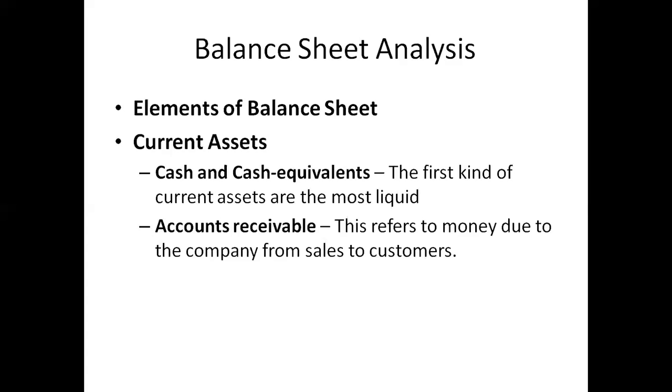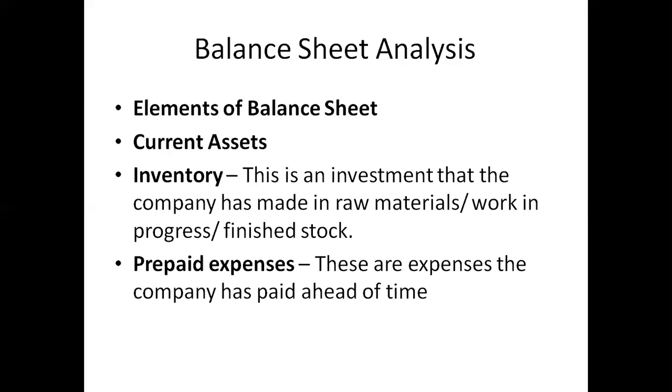Since in most cases the amounts are easily recoverable and recovered within a specified period of time, this amount is known as accounts receivable, and this is also considered a very good source of cash for the company.